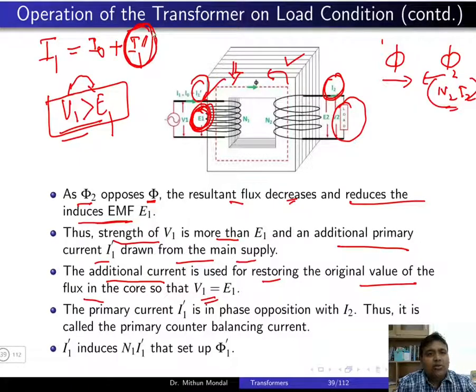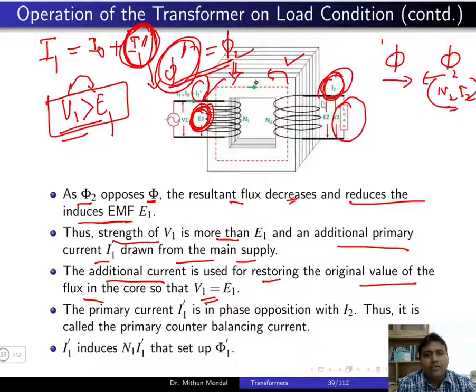This current I1 dash will produce a flux phi dash, which is in addition to the main flux, and this flux phi dash will cancel out phi 2, which is due to the secondary current I2. Hence the total flux phi in the core will remain the same irrespective of the load.